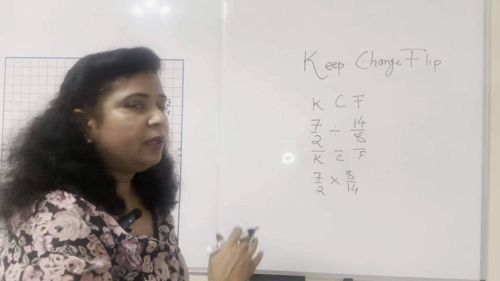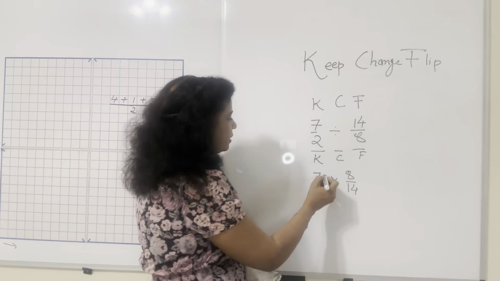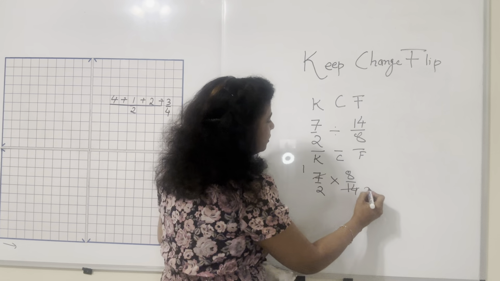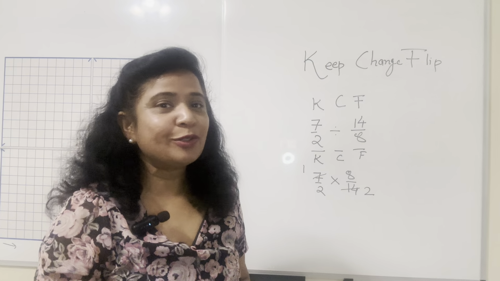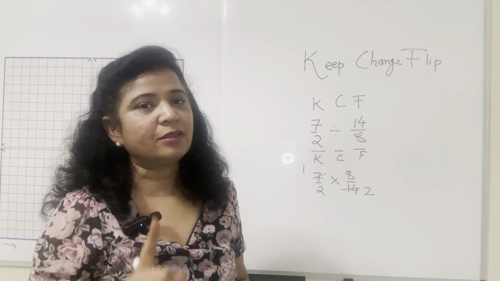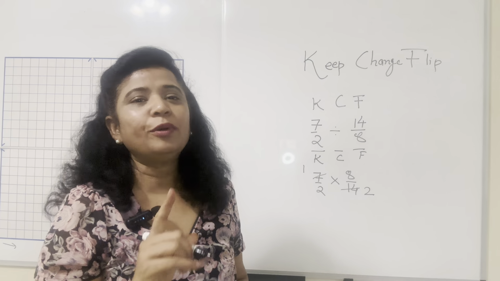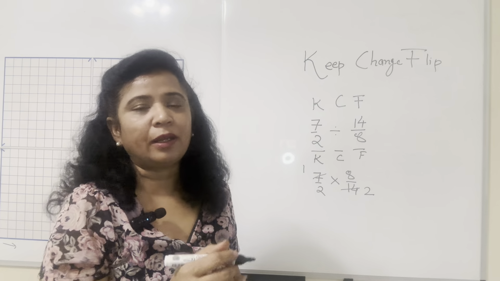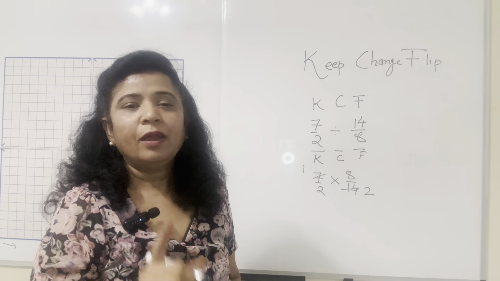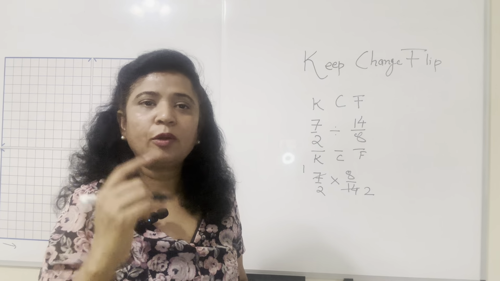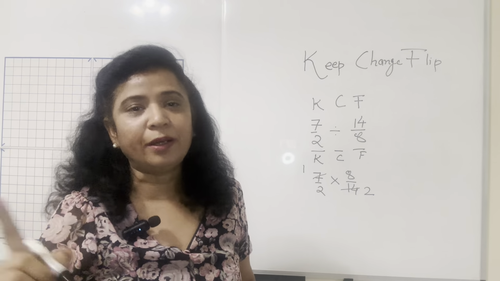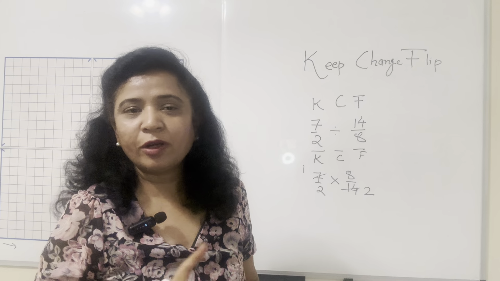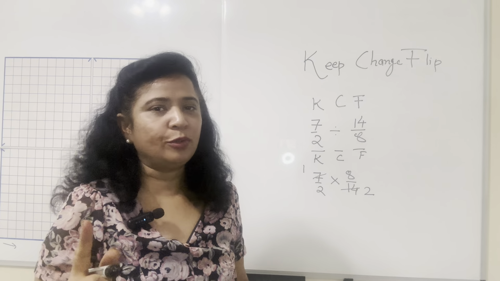But here, you know that 7 times 1 and 7 times 2. So you can cancel like this, but which is not possible in addition and subtraction. So make sure you don't get confused. Oh, we can cancel out in addition and subtraction also? No. In addition and subtraction, you can only cancel a numerator with its own denominator, but you cannot cancel other numerators and other denominators. Whatever is after addition, you cannot do that.